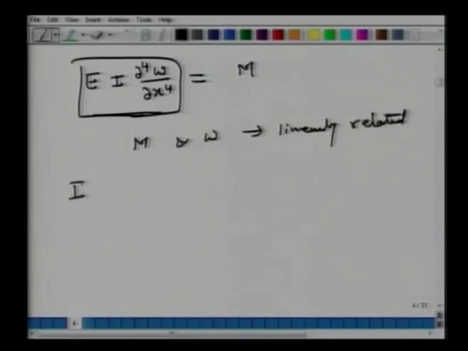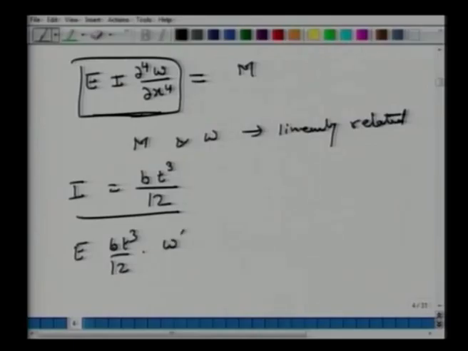Now we know that I equals the thickness of the beam times cube of it times the width, so b t cube over 12 if it's a rectangular cross section. So this is I. If I put this in, then I get E b t cube over 12 times the fourth derivative of the deflection equals moment. So again, M and W, this may appear very trivial, but it's important to note, because as we do a more detailed analysis, M and W are linearly related, but M and t are not linearly related.